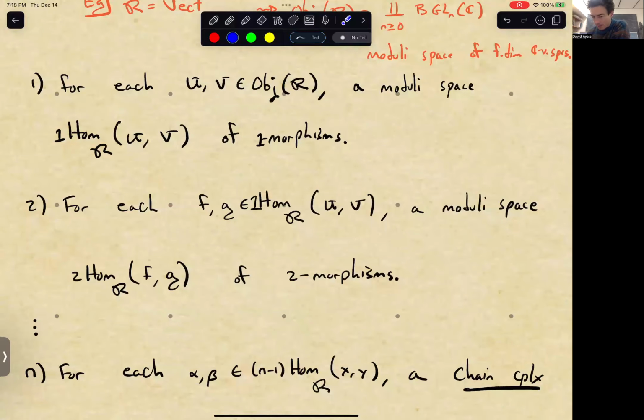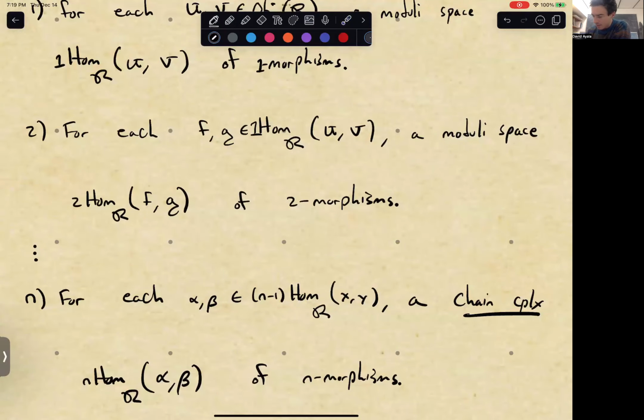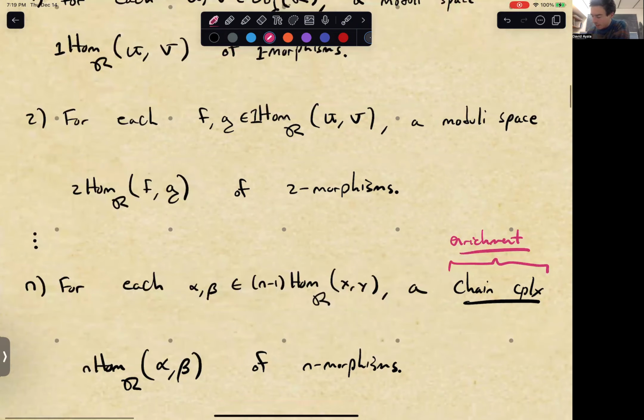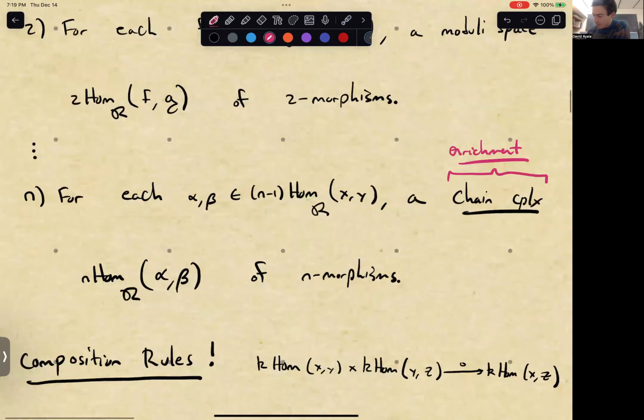for given 2 n-1 morphisms, there's not a moduli space of n morphisms, but a chain complex of n morphisms. So this is where we see the enrichment. And together with some composition rules.